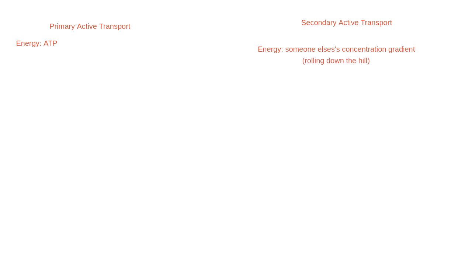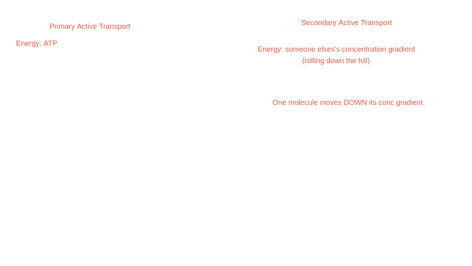On the homework assignment, when you were matching up the different types of transport, what you saw about secondary active transport, its description was something like this. One molecule moves down its concentration gradient. I'm going to abbreviate there.